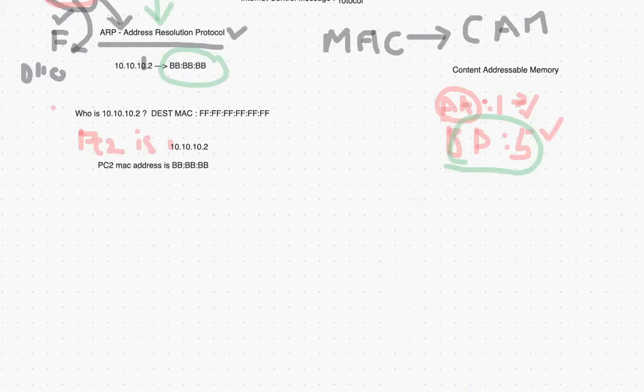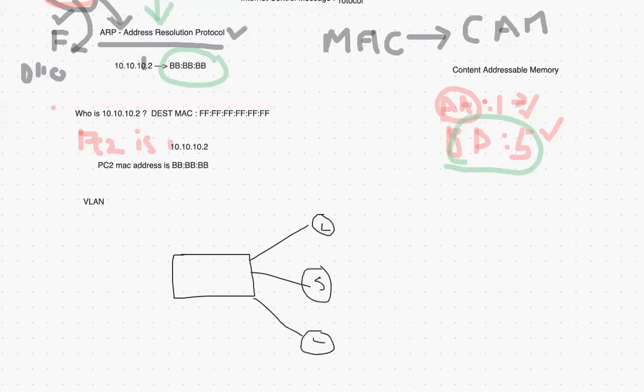Let's talk about VLAN. There is PC2, PC3, PC4, PC5, and there is PC1.